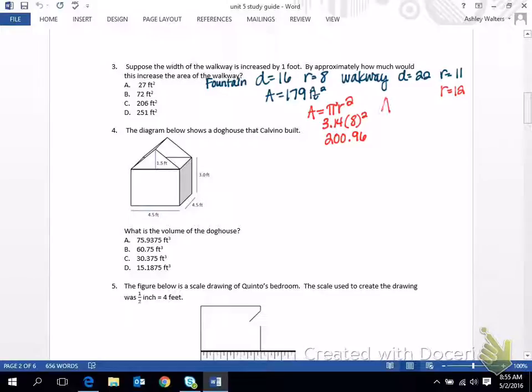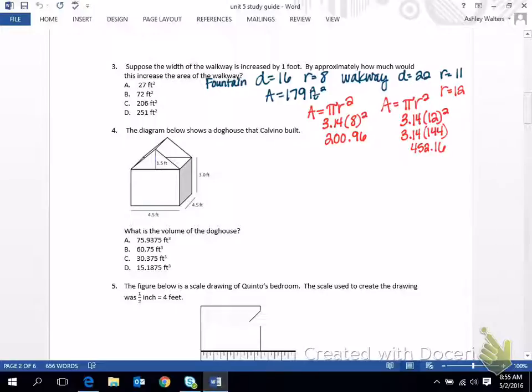The area for the large circle to get the walkway now will be pi times 12 squared, because the new radius for the larger walkway is 12. 12 squared is 144, and you'll be multiplying that by 3.14, which gives us 452.16.